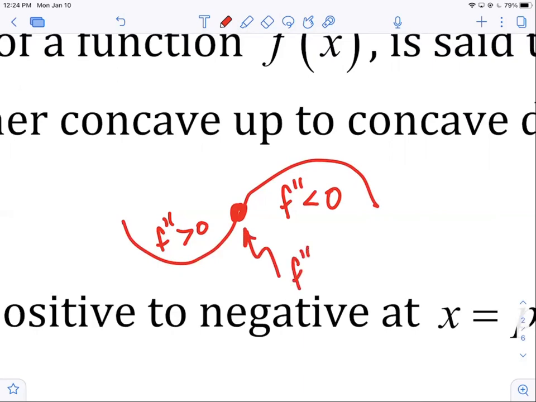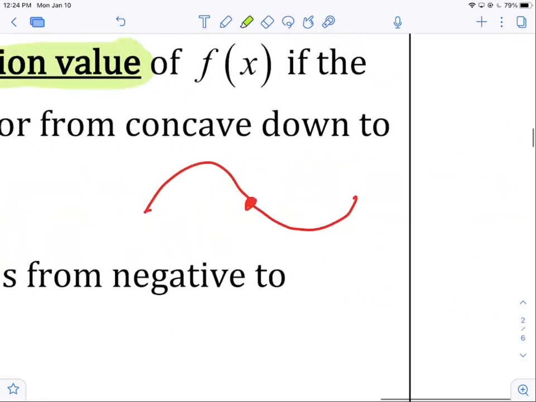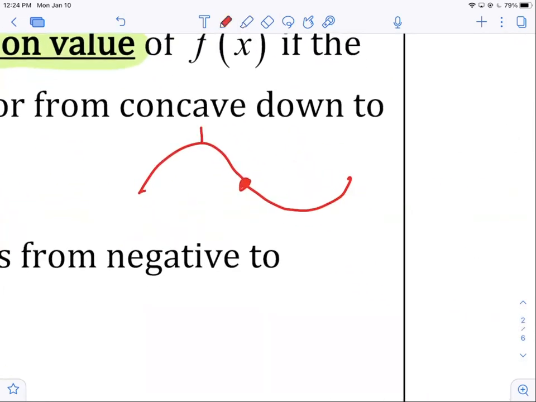Zero. So those are going to be your candidates for inflection values or inflection points, where the second derivative is zero. Same thing over here. This one goes from, we'll just say f double prime is positive, f double prime is negative. So at this point, the second derivative is zero.